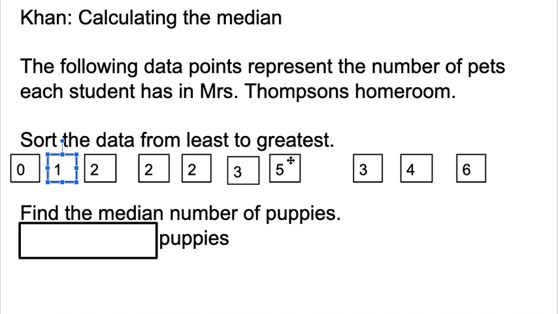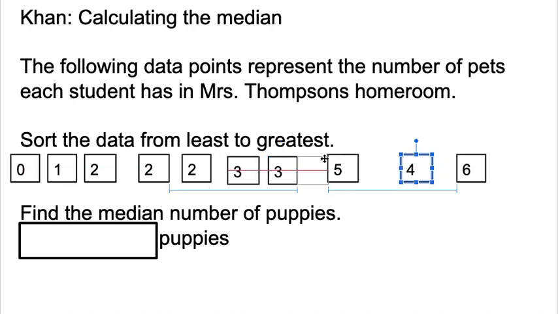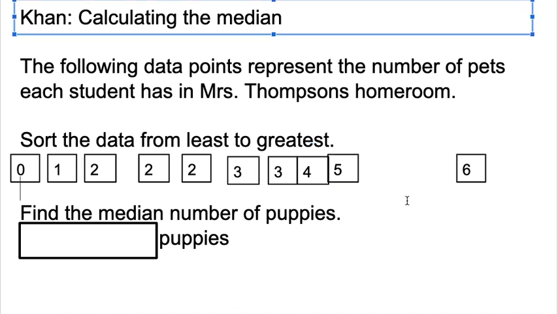Move that 5, 3, 4. So I think, do we have them all in order there? So 0, 1, 2, 2, 2, 3, 3, 4, 5, and 6. Like I say, it's a little bit easier on Khan because they kind of slide around. But we put them all in the right order from least to greatest. Be careful you do that too, from least to greatest.